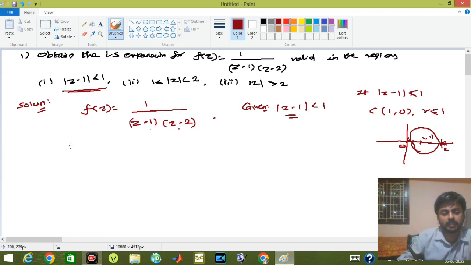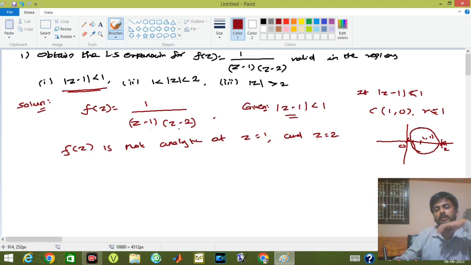So f of z is not analytic at 2 points, z equal to 1 and z equal to 2. These 2 points are singularities.